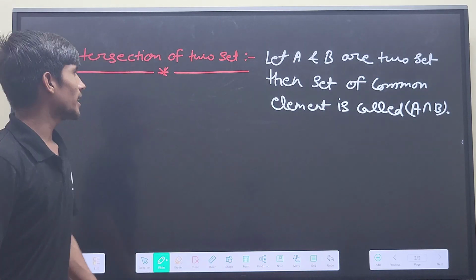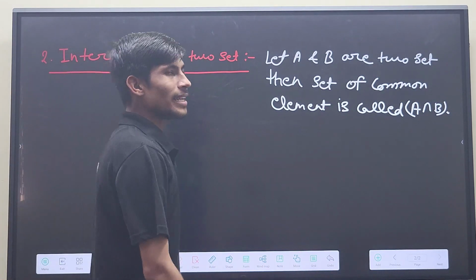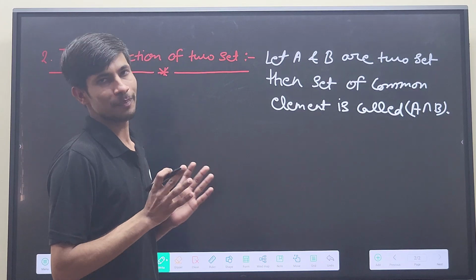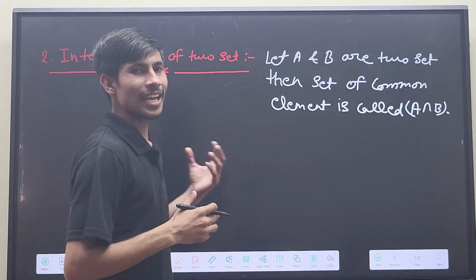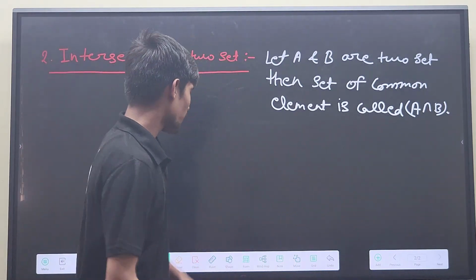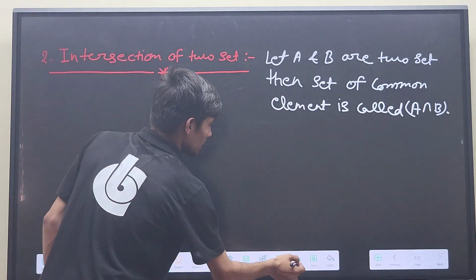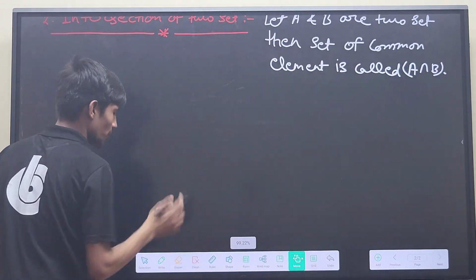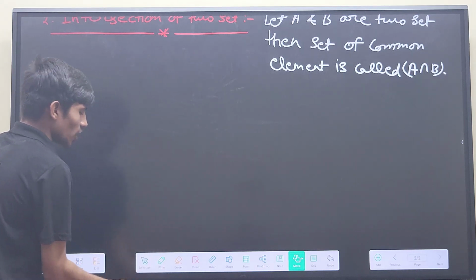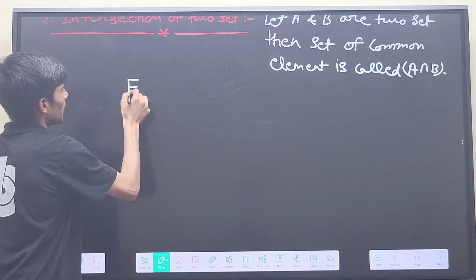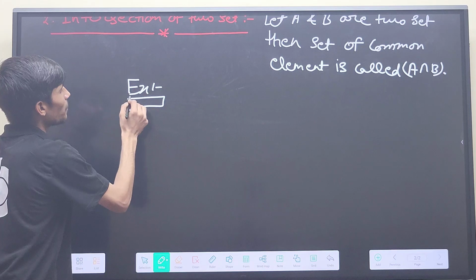Clear? Definition clear? Okay, so let me take a simple example so that I can make this definition very simple for you. Let's say we have two boxes again.